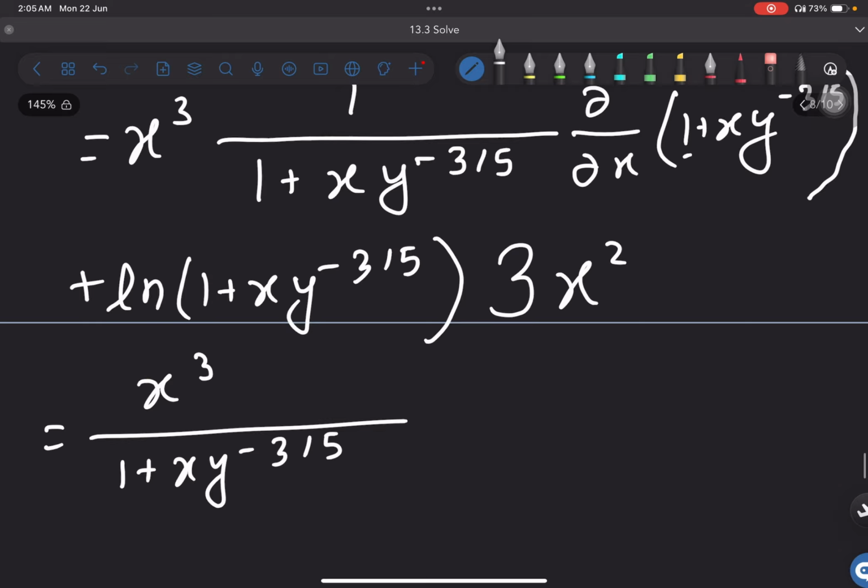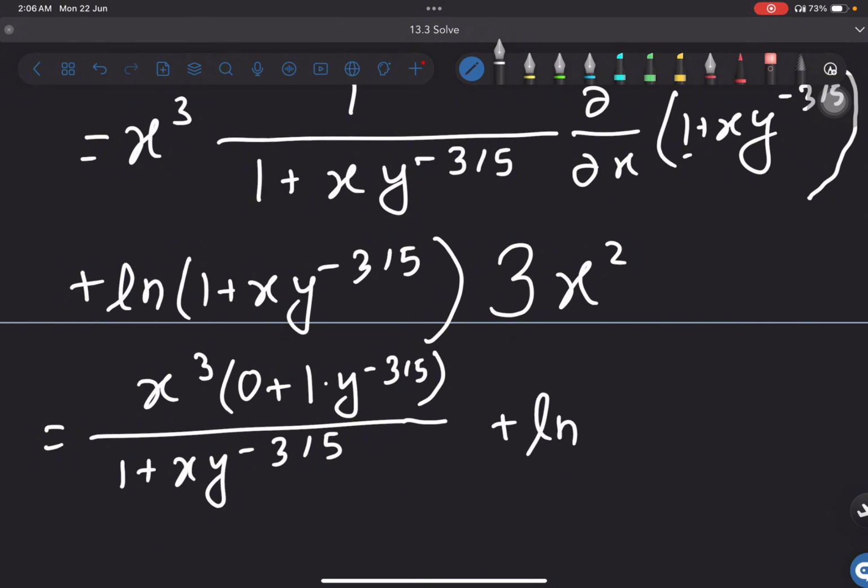Now, 1 is a constant, so this is 0 plus, over here, the variable with respect to which we are differentiating is x. So everything else other than x becomes a constant. So y is a constant, and when we differentiate x, it becomes 1 into y to the power minus 3 by 5, and then we have plus ln 1 plus xy to the power minus 3 by 5, 3x squared.